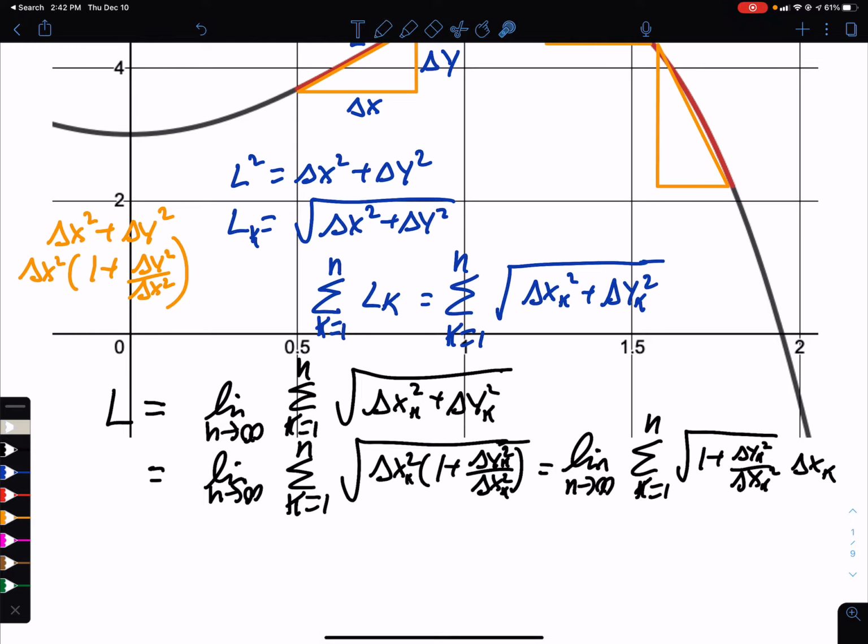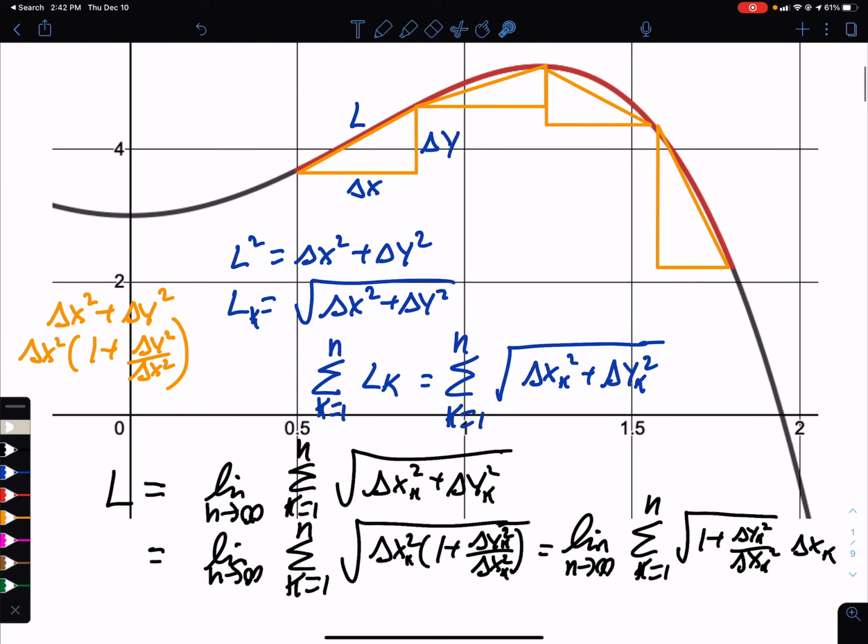Well, remember when we did derivatives? This is a big change in x. But when we took the limit as n, or as k goes to infinity, when we did the definition of derivative, or we had a couple versions of it, x approached a, or h approaches 0. But basically, in the derivative, we let the distance between the points approach 0.